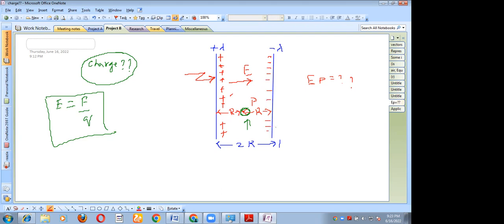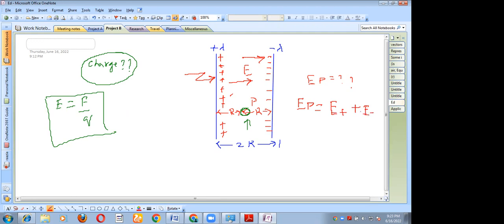For a negative charge, electric field is towards the charge. So if we want to find the net electric field at point P, we will add the electric field due to both the charges, due to plus charge and due to minus, because both are in the same direction. So net electric field at point P will be the sum of the electric field due to positive charge and negative.